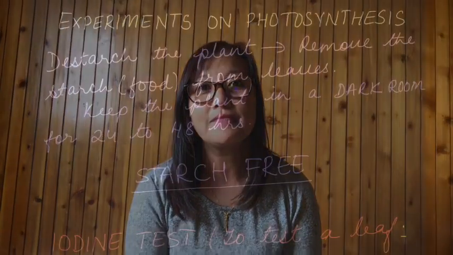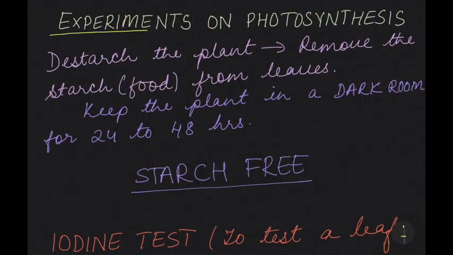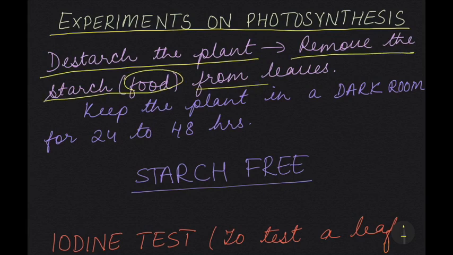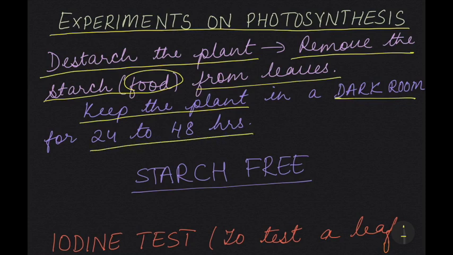Whenever we perform any experiments on photosynthesis, the first thing we need to do is discharge the plant. What do you mean by discharging a plant? It means to remove the starch or food that is present in the leaves. How do we discharge a plant? We simply keep the plant in a dark room for 24 to 48 hours.